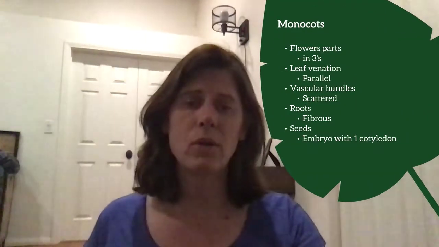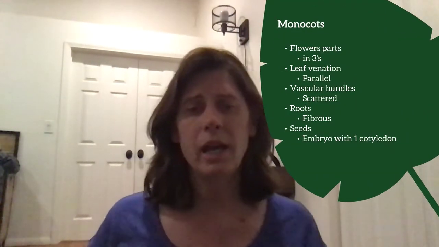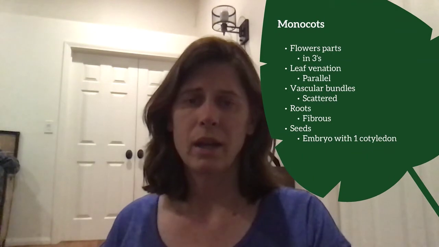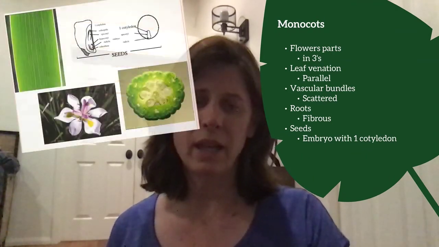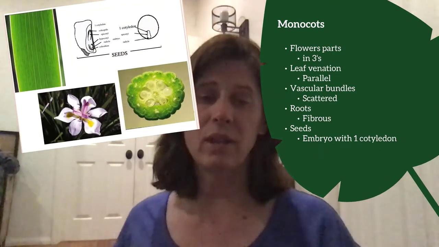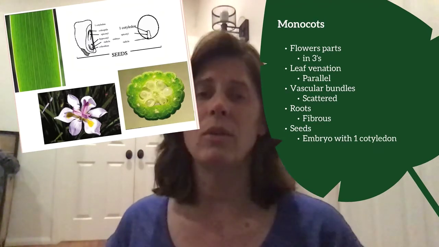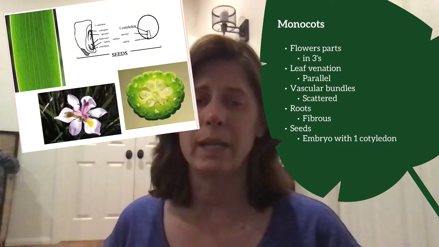Monocot stands for monocotyledon, okay? And a cotyledon is the embryonic seed leaf. Okay, and so we'll get to that in a minute, because there's several characteristics of a monocot, and it makes it easy to identify a monocot when you look at a plant.